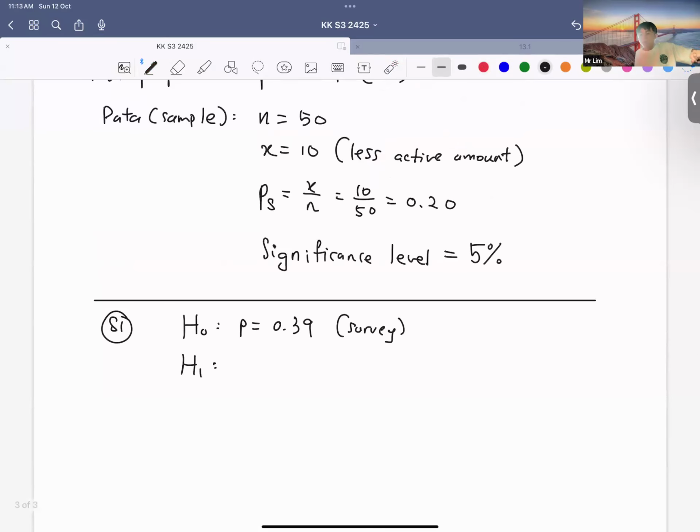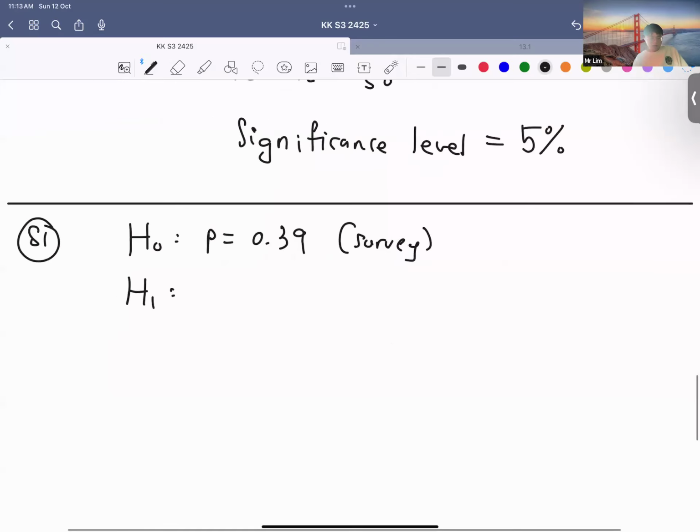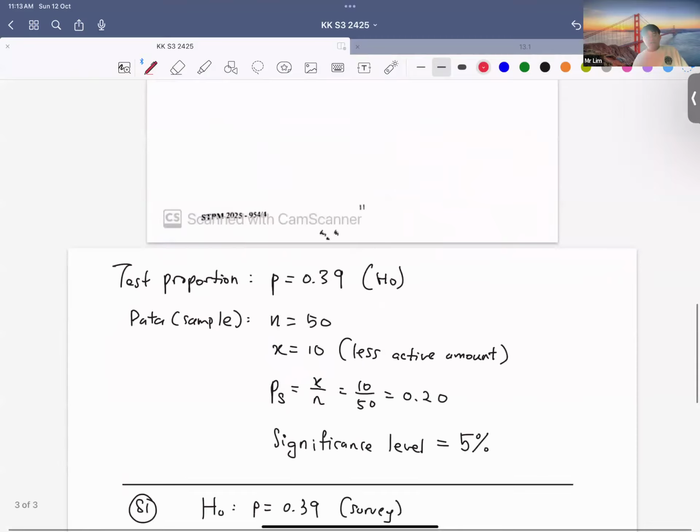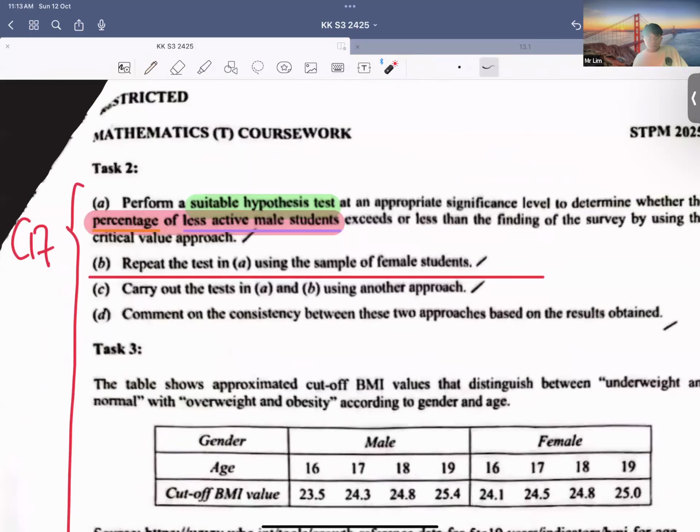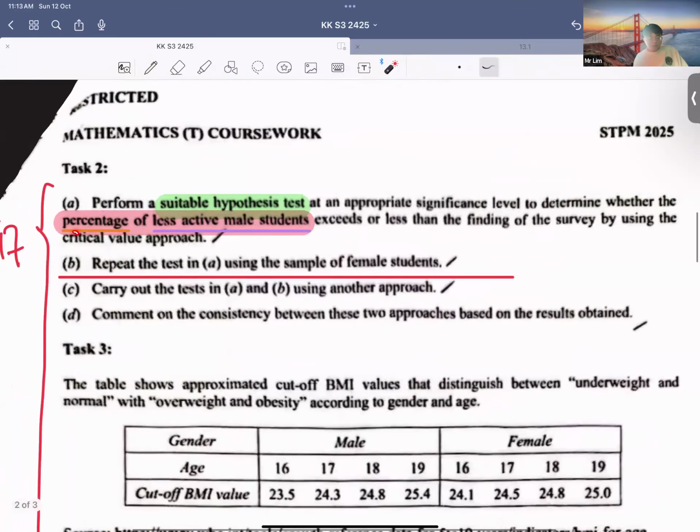Here comes the most important part. This one often confuses students. Here you are going to put P either less than, greater than, or not equal, as required by your question. Determine whether this percentage of less active exceeds or is less.